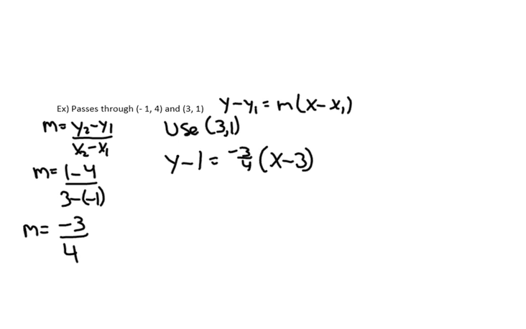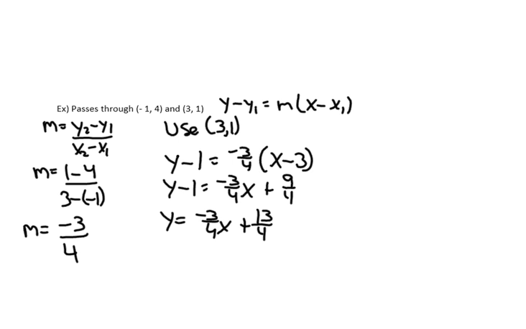All right, so I'm going to distribute on the right side. -3/4 times a -3/1 is a positive 9/4. Add 1 to both sides. So that's y equal to -3/4 x plus 13/4. And there is my equation written in slope-intercept form.